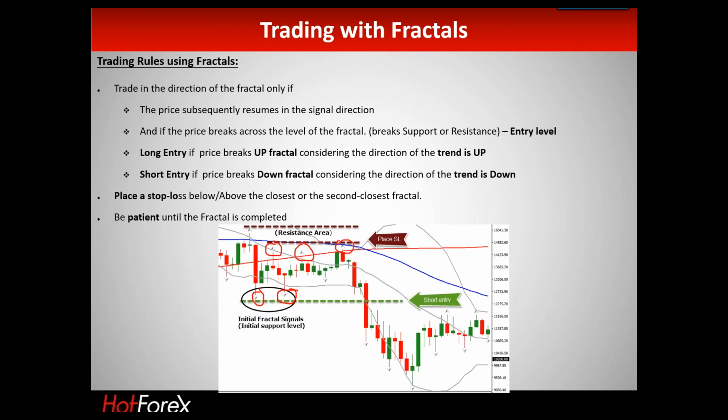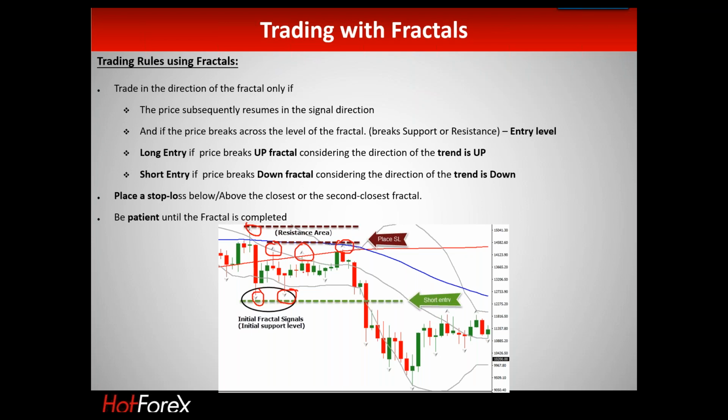By setting a trend line slightly above these fractals, we have the immediate resistance level and a second resistance level at this up fractal over here. So we have two resistance areas so far, and a support level. So how can fractals be used?